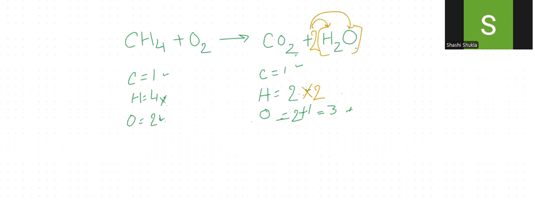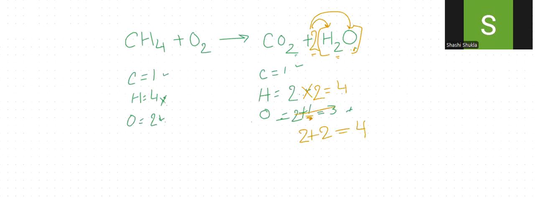So 2 into 2 is 4. This 2 into this 2 is 4. And now since we have put 2 here, my oxygen, this is 1 here, so 2 into 1 is 2. So this 1 becomes 2, so I can cut this out. So this 1 is replaced by 2, which makes it 4.